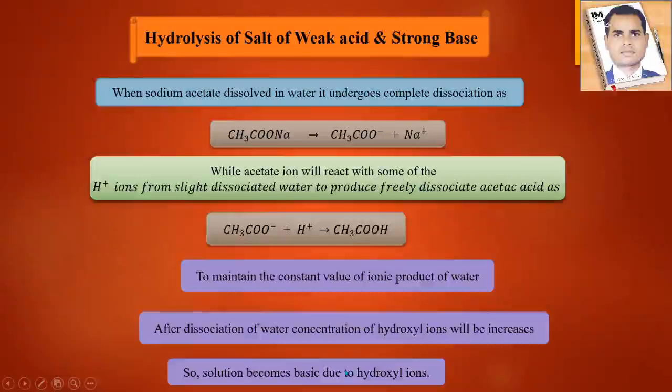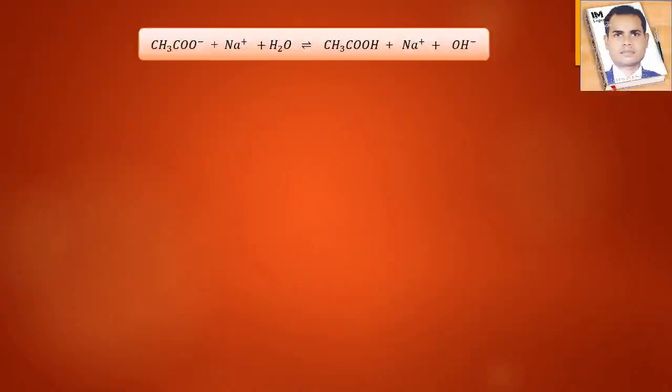Therefore, the hydrolysis reaction of sodium acetate is written like this. The overall reaction is: CH3COO minus plus Na plus plus H2O gives acetic acid, Na plus and OH minus.